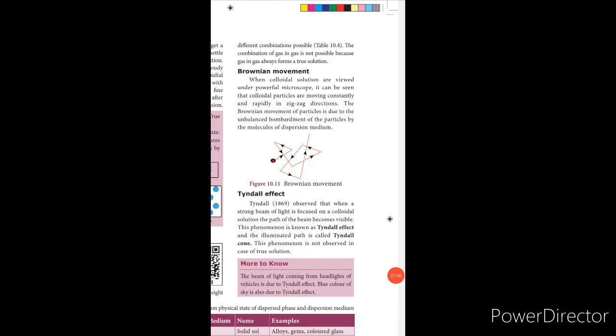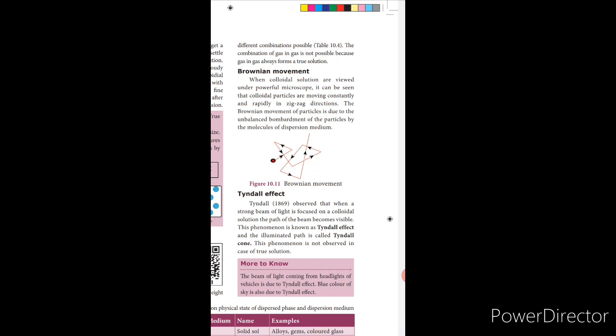So far in this session, we saw the different methods of separation, that is centrifugation, solvent extraction, simple distillation, fractional distillation, and chromatography, and we saw the types of solution, and now the colloidal solution also.